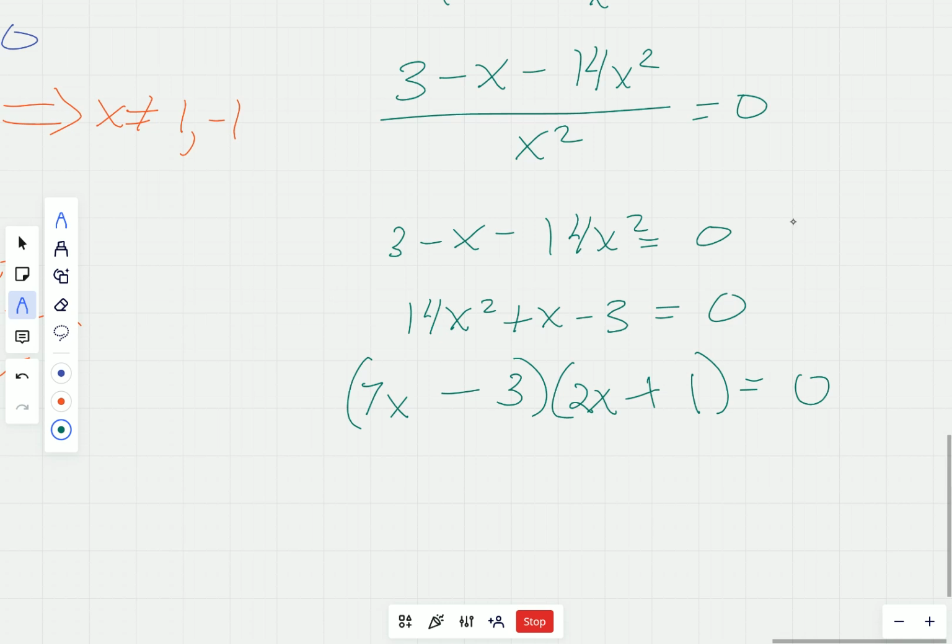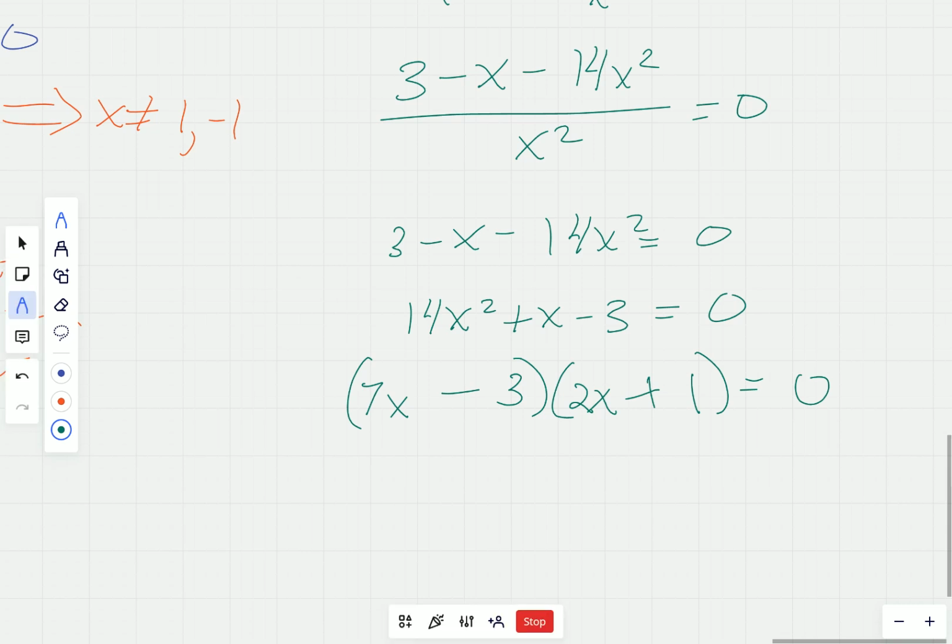So 7x times 2x is 14x squared. 7x times 1 is 7x. Minus 3 times 2x is minus 6x. So 7x minus 6x gives us our positive x. And minus 3 times 1 gives us our minus 3. So this does factor.